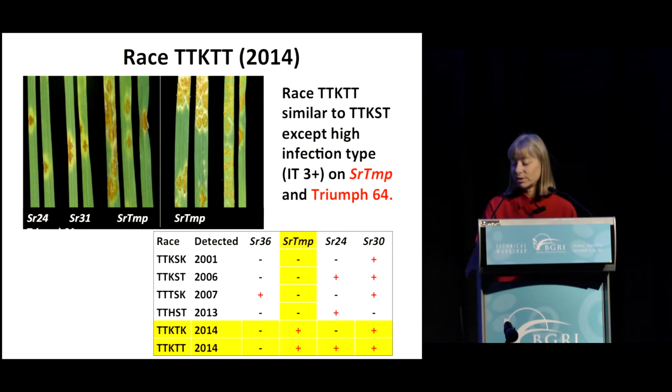The summary table now has the 2 2014 detected races at the bottom and their unique virulence on SrTmp. One of the races is avirulent on SR24, and one is virulent on 24.